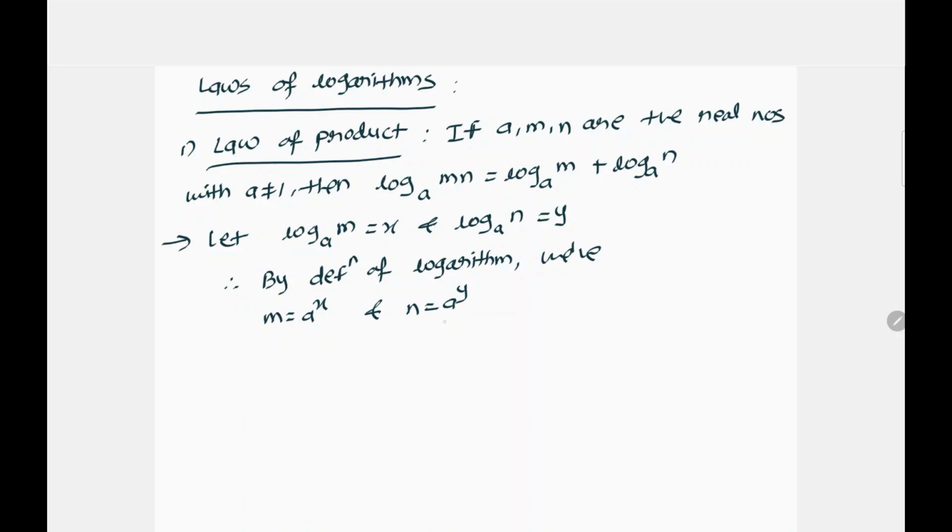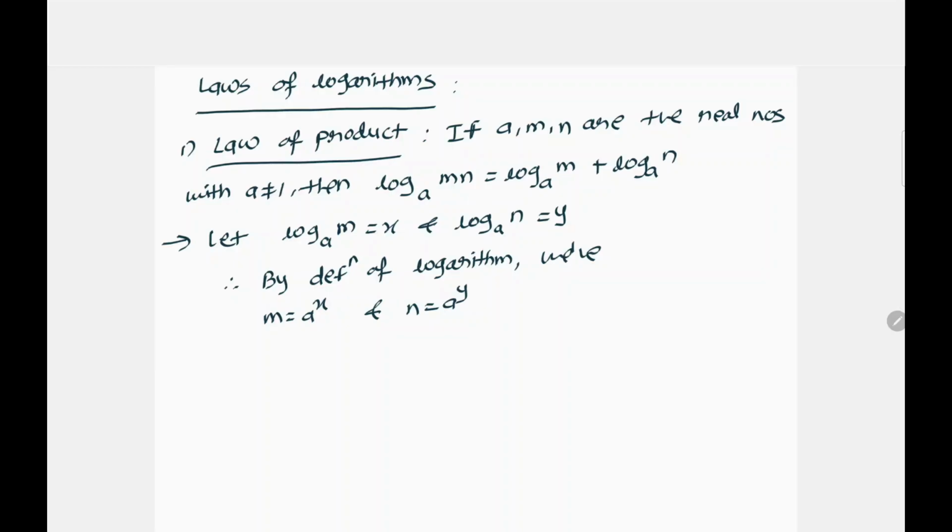This is the exponential form of the logarithmic form. It means if log m to the base a is equal to x is the logarithmic form, then its exponential form is m is equal to a raised to x. And in the same way log n to the base a is equal to y is the logarithmic form and its exponential form is n is equal to a raised to y. We have to prove log mn to the base a is equal to log m to the base a plus log n to the base a.